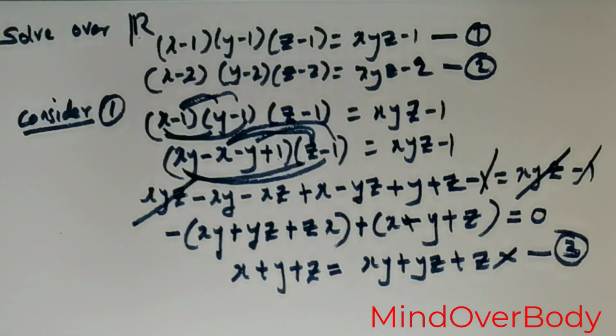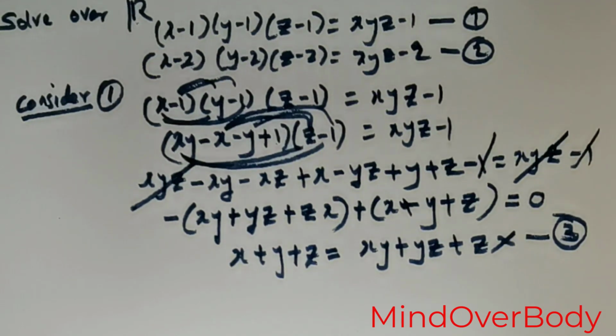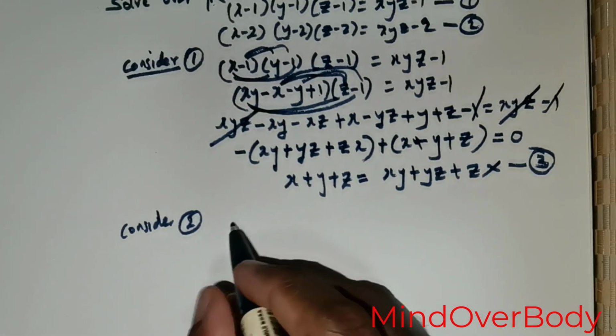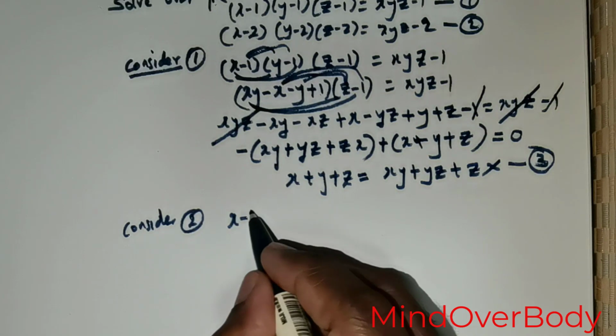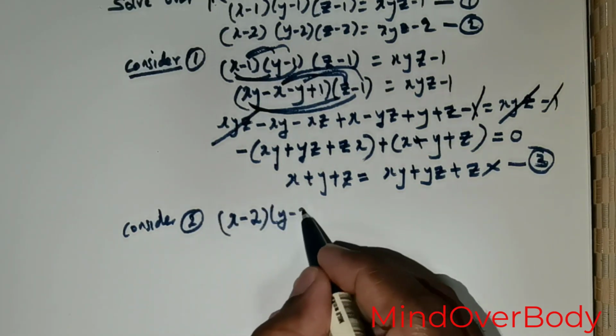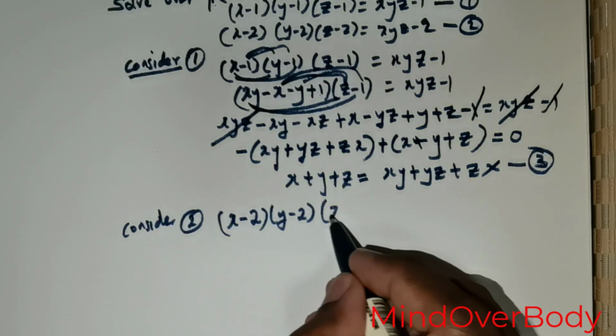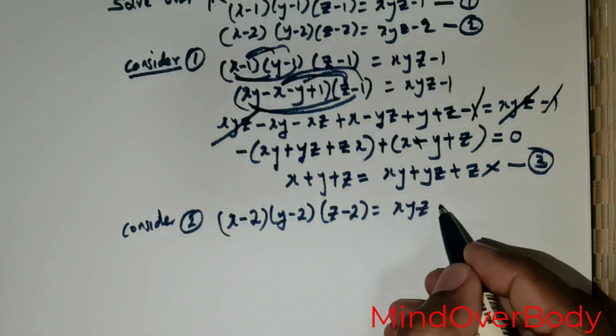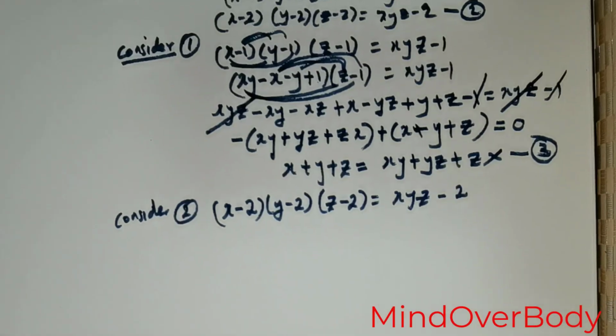Now I'm going to consider equation 2. So I get (x − 2) multiplied with (y − 2) multiplied with (z − 2) equal to xyz − 2. This is what is given.